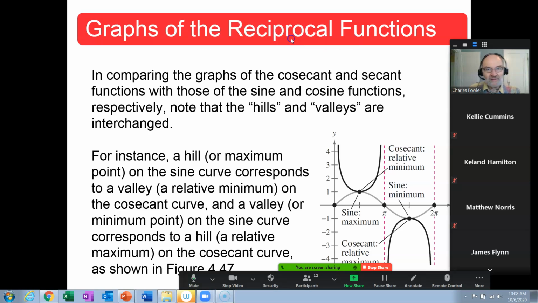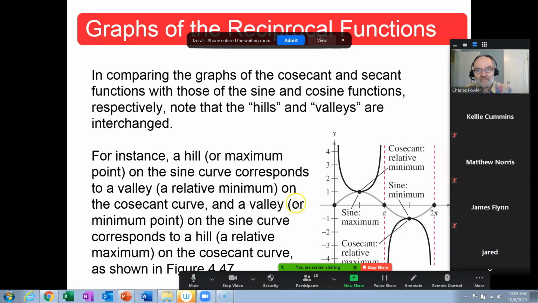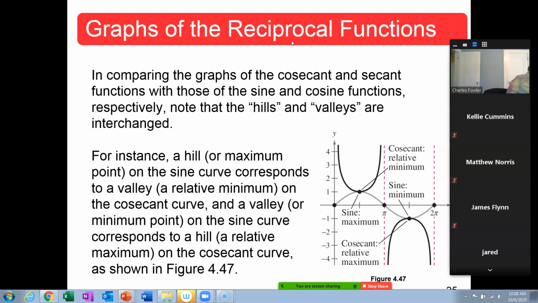oh, here comes Morgan. Let me get Morgan here. Okay. All right, Morgan's here. That gets us up to 4, 8, 9, 10, 11. I think that's right. Let me make sure. Whoa, no, here's Izora. Let me get Izora. At least her phone's here. Okay. There we have it.